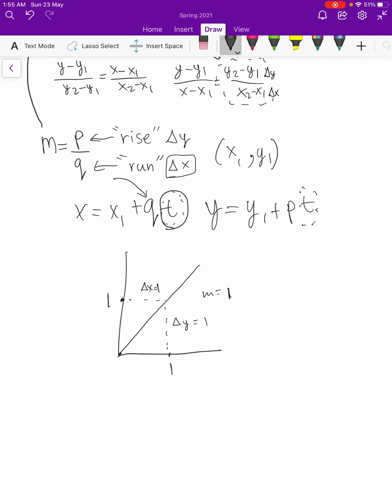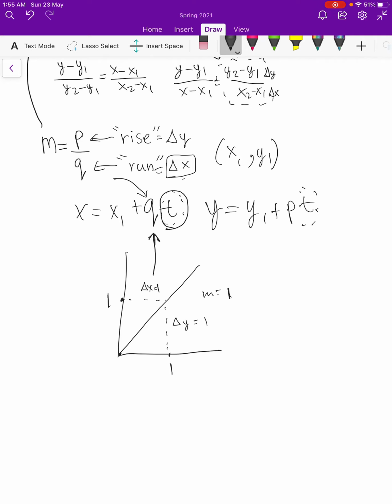So every time we pick a value, essentially q is our change in x. And this is pretty obvious because I wrote it here. But q is the change in x.